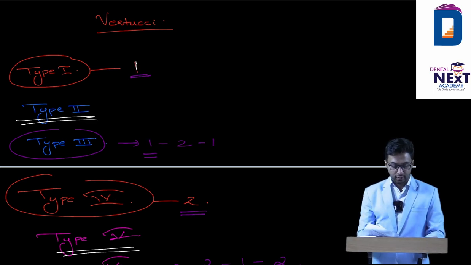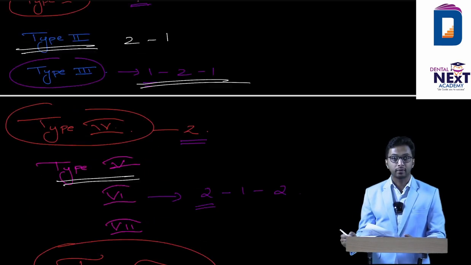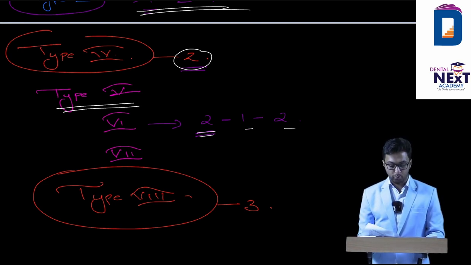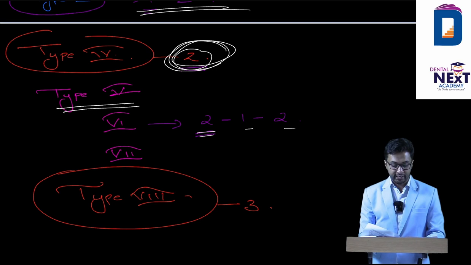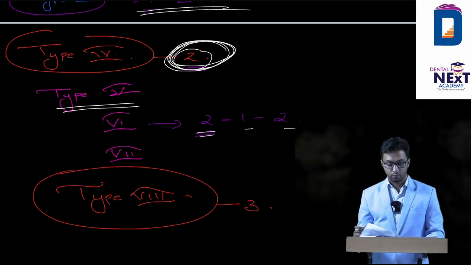If you have 1 here already, and this was 1 to 1, 1 is already there, so what is left? 2, 1. Now similarly, you have the 2 canal system where you have 2, 1, 2. You have 2 already here, so what is left in 2, 1, 2?